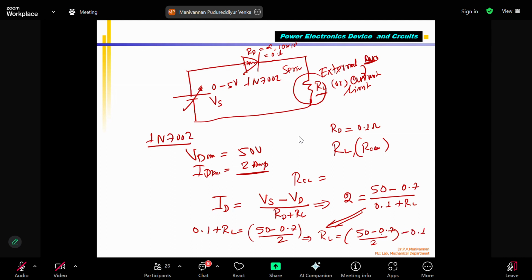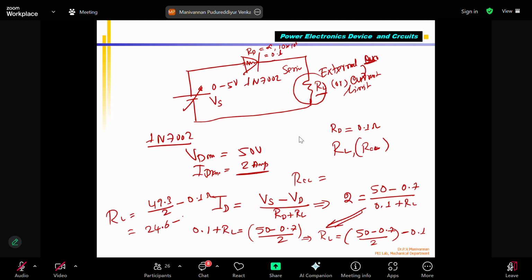So this should be the resistance value. So always RL equals 49.3 divided by 2, minus 0.1 ohms. Automatically we know the 2, 4, 8 and 1, 3, so 6, something will come.